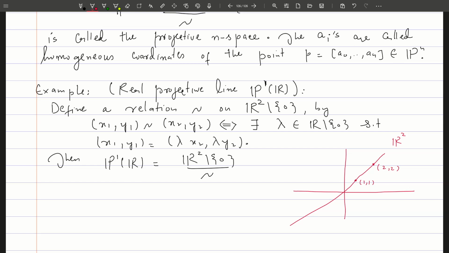So this line will be a point in the projective space, because this line is just an equivalence class.